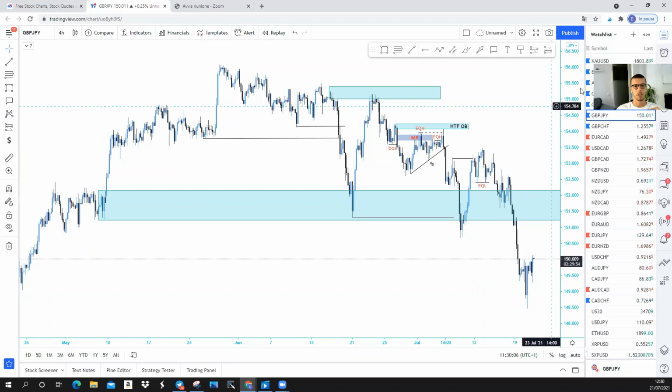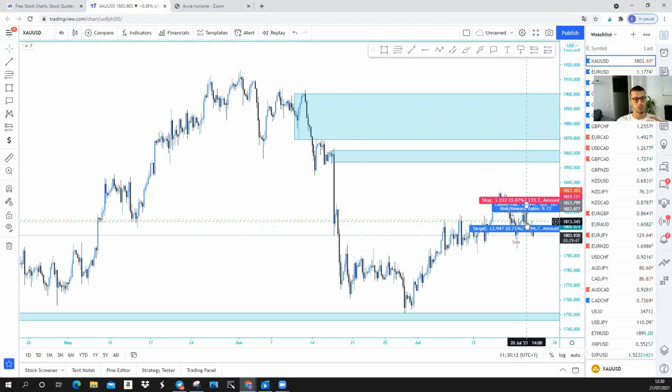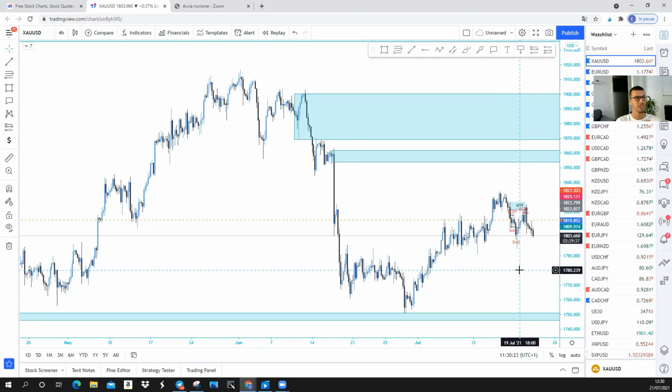I will show you how we entered and how we closed the trade at a 1-to-2 risk-to-reward ratio, and how I closed an extra trade that I entered on gold at a 1-to-8 risk-to-reward ratio. So you can actually see how I'm entering and executing these high risk-to-reward trades.